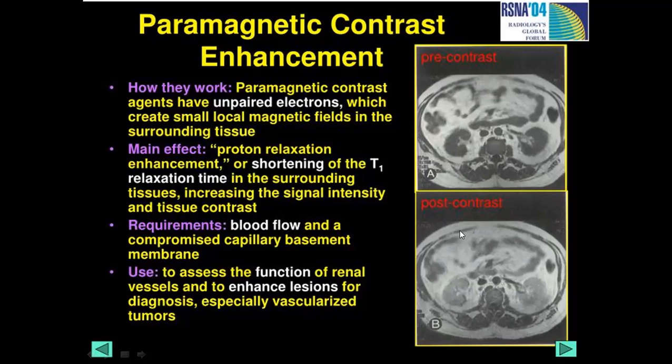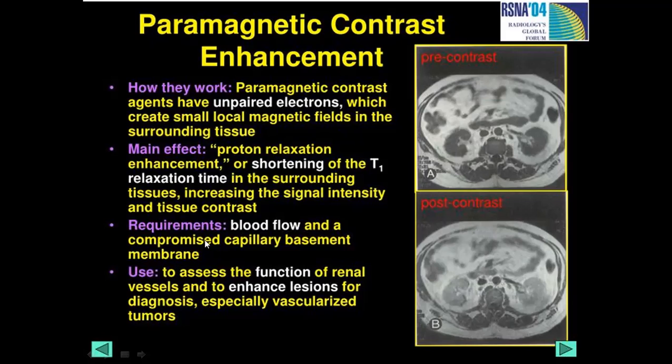After injection of the contrast media gadolinium, images of kidneys become brighter, and this allows us to assess the function of renal vessels, and to enhance lesions for diagnostic purposes, especially to find very well vascularized tumors.